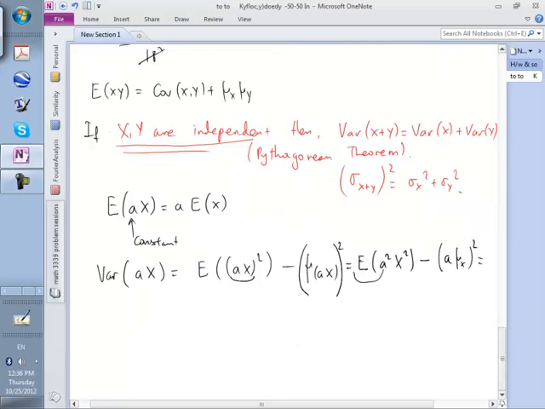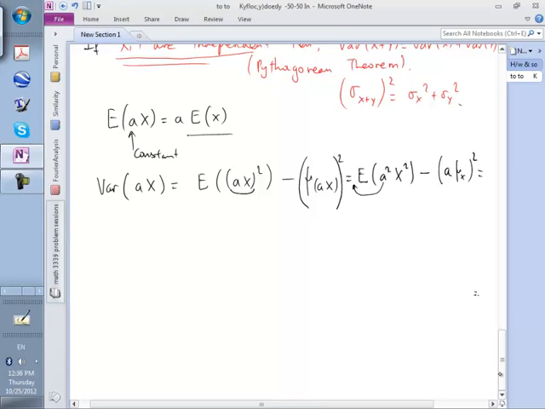Now, this is a constant, and according to what I have said, can go out of the absolute of the expected value. So you have A squared.